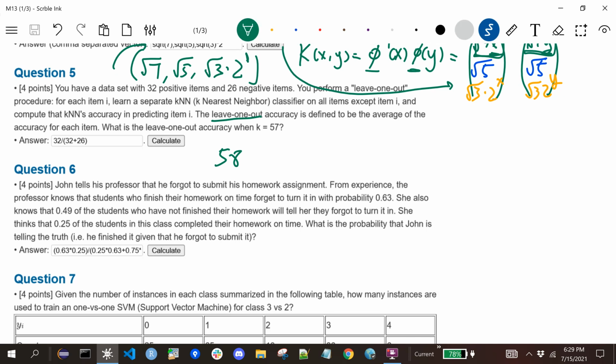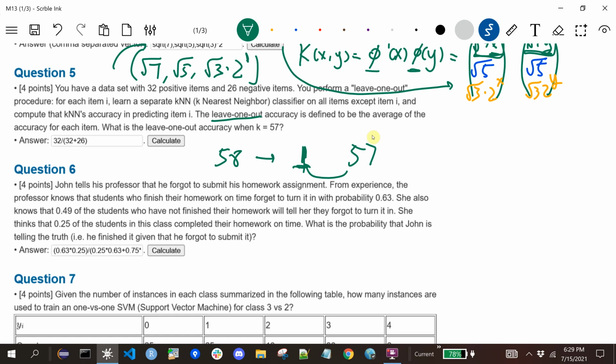And then we use the trained classifier to predict the one that's left out. So leave one out and then train on 57 of them, and then try to predict that one. And if we repeat this process for all 58 of the data points, we get an accuracy out of 58, then we can just compute the leave one out accuracy that way.